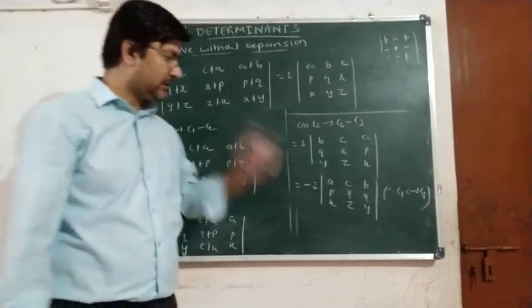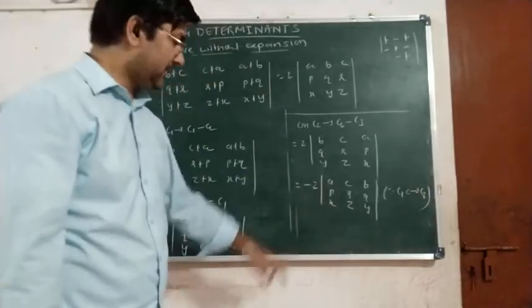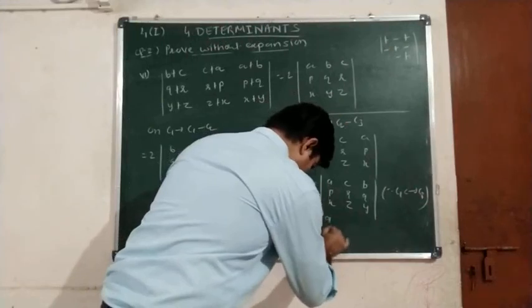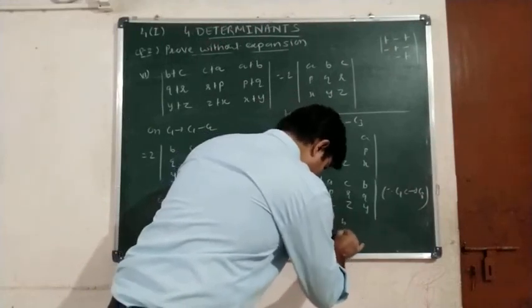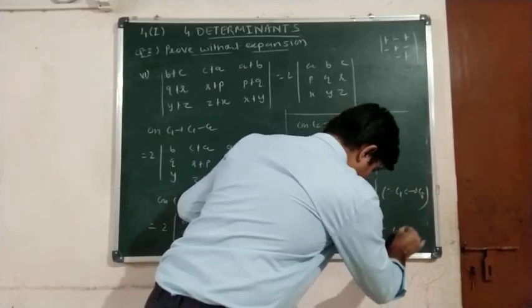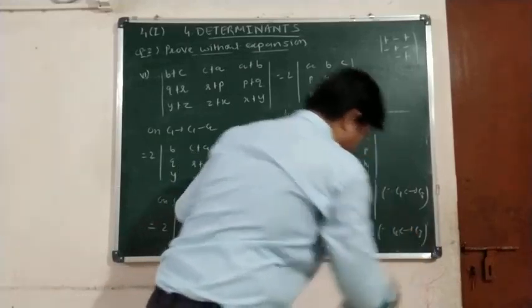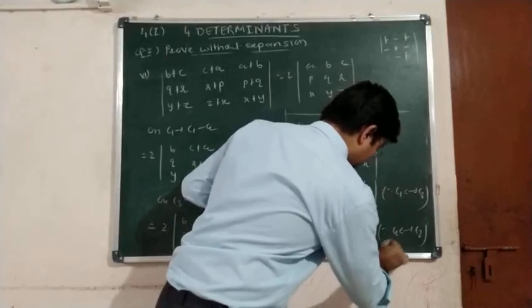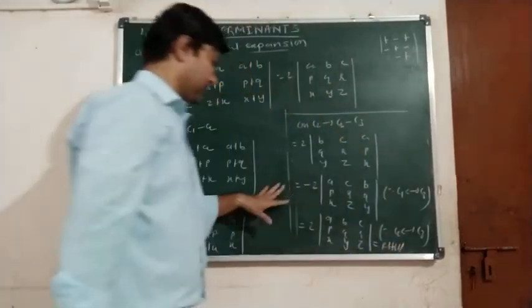Okay, and finally C2 and C3 we will exchange, so minus minus will be plus. So 2 into A, P, X, B, Q, Y and C, R, Z. Since we have interchanged C2 and C3, and that is the final answer, RHS, right hand side.